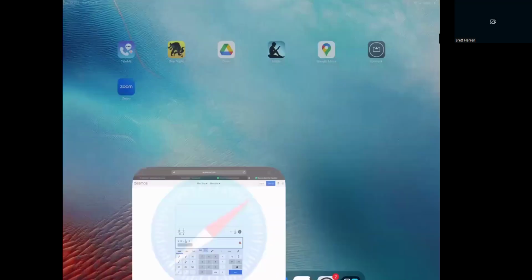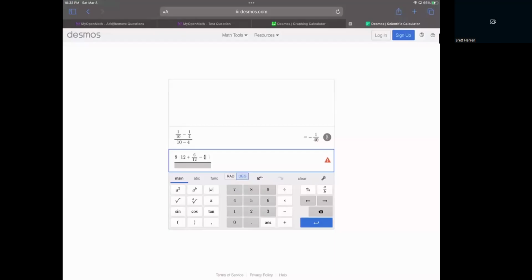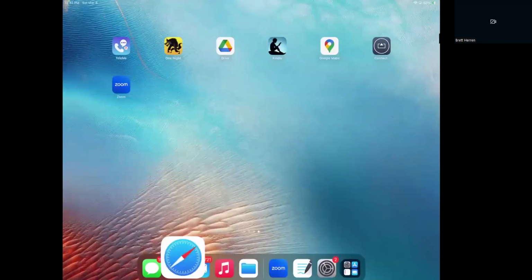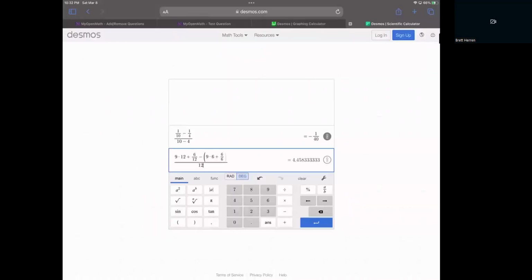Minus 9 times 6 plus 6 over 6. Goes on the bottom is 12 minus 6. What do we get? That number right there.